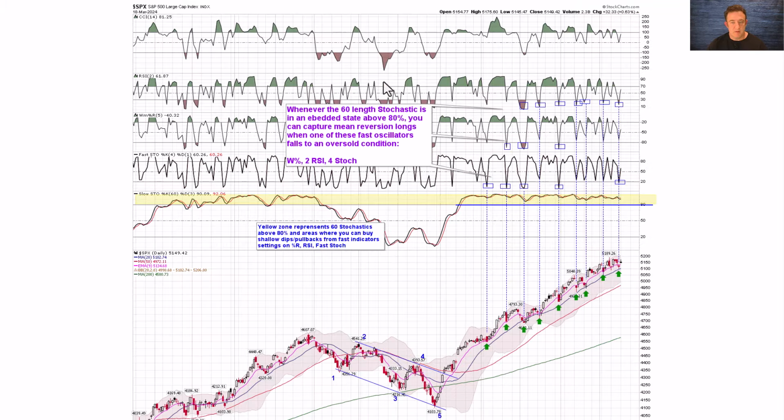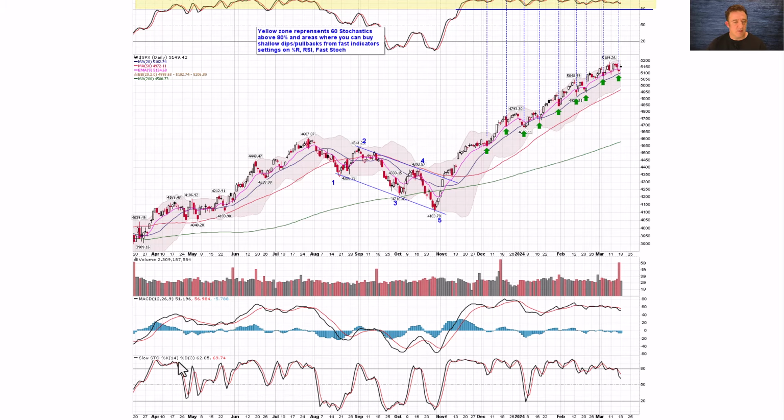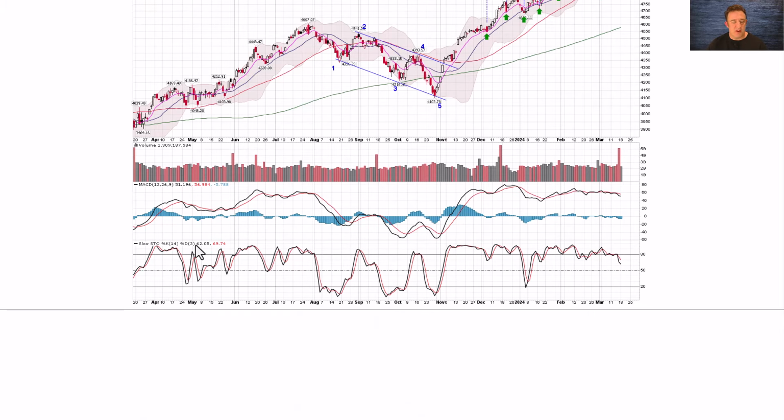Next, image number 12. Here's another daily view of the S&P. This one got out of order, but this one, and I haven't posted this for a while, focuses on the 60 length stochastic, which you see right here. Now, again, if you're new to Breakpoint Trades, most of you are used to the standard default settings of the stochastic, which is typically 14,3 or 10,3, whatever.